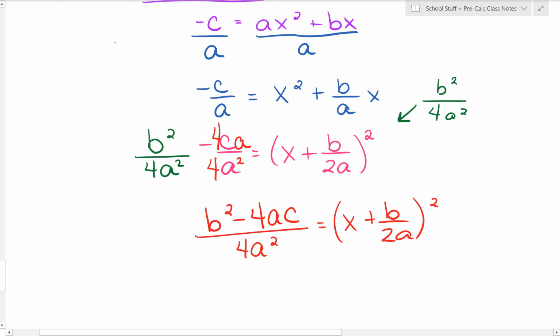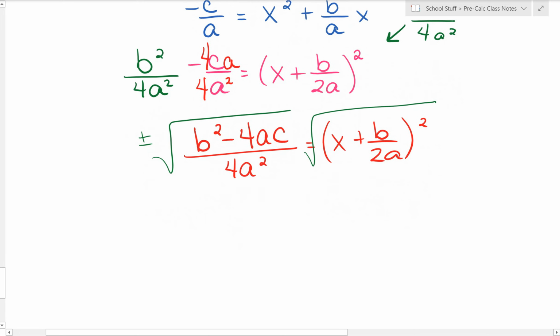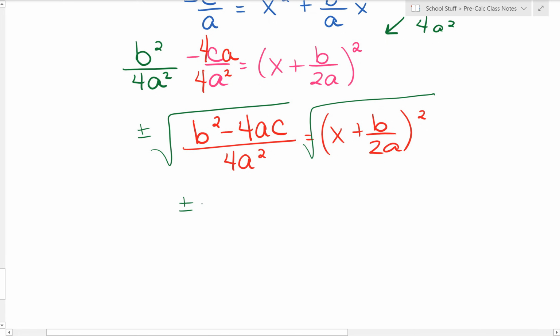I'm going to take the square root of both sides. Don't forget, when you take the square root, you get plus or minus. So now I have plus or minus square root b squared minus 4ac all over, this stuff I didn't leave under it because I can take the square root of 4 as 2, and the square root of a squared is a.